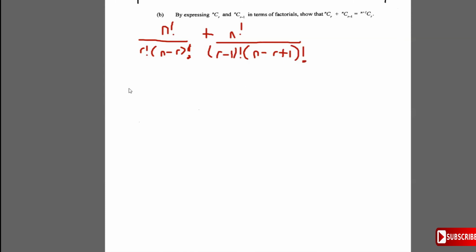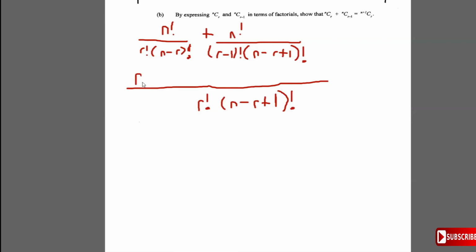So now I need to add these. All right, so the common LCM is going to be r factorial, and I'm going to have n minus r plus 1 factorial. This into this leaves n minus r factorial.